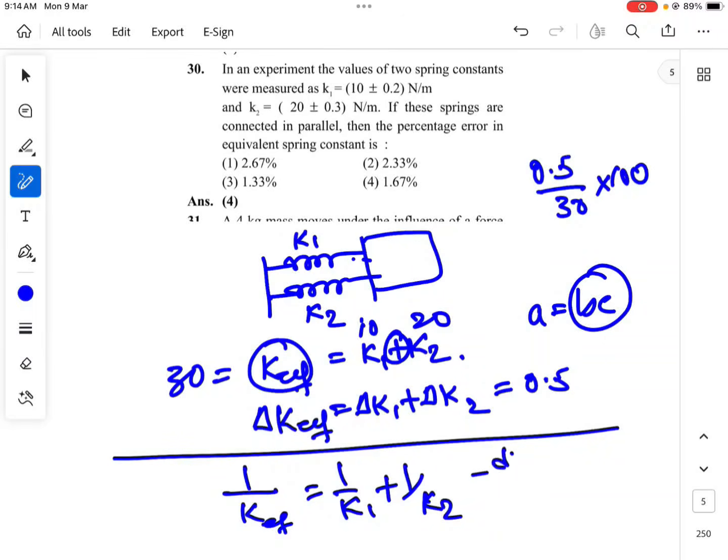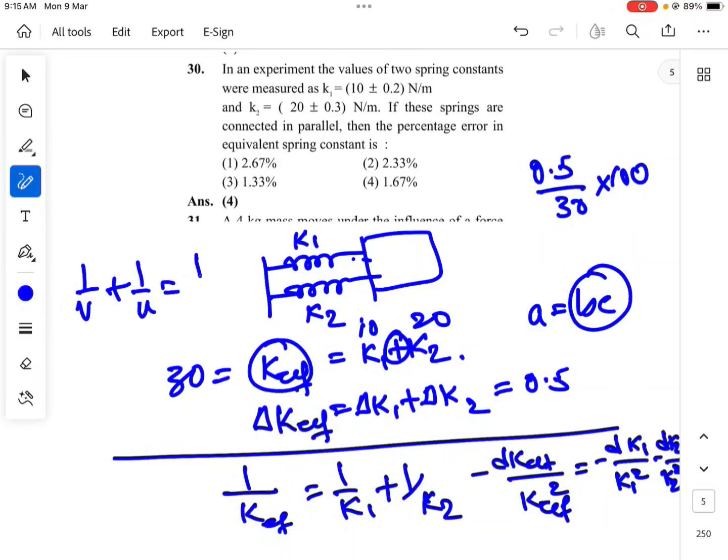That would be minus dK effective divided by K effective square is equal to minus dK1 by K1 square minus dK2 divided by K2 square. This is how you do it. A very similar method is adopted for the mirror formula also, that is 1 by v plus 1 by u is equal to 1 by f. Here too you are supposed to use the same kind of formula.